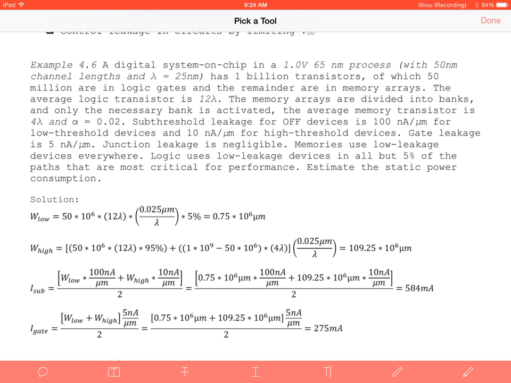Memories use low leakage devices everywhere. Why do you think that is? Bingo. I heard you don't like losing memory, so I'm going to make sure you don't lose memory. The more you're losing leakage, you're losing information. If you're losing information, ultimately you're losing your data.